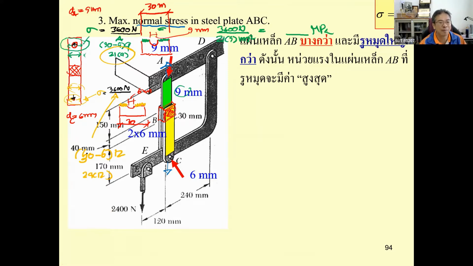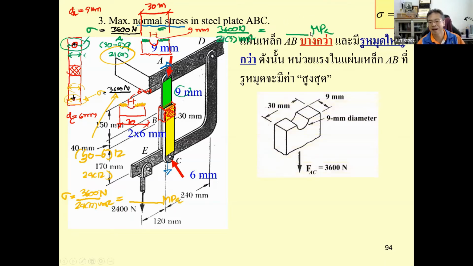Or if you come over here, the stress is going to be 3,600 Newton divided by 24 times 12 square millimeter. That is going to be megapascal. And you can see this one will be larger.